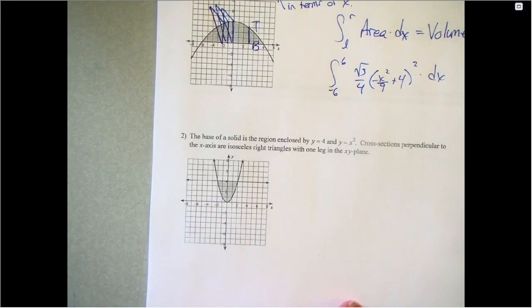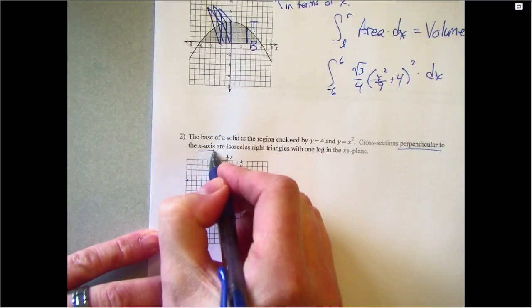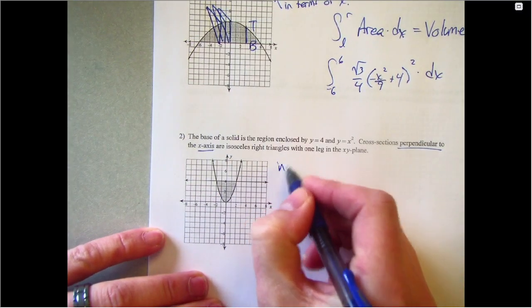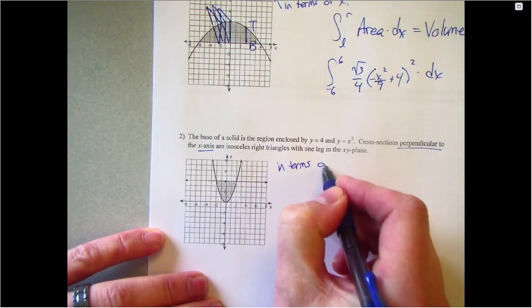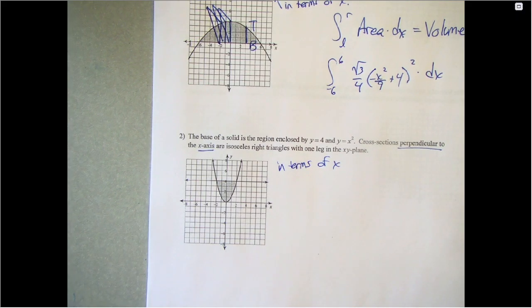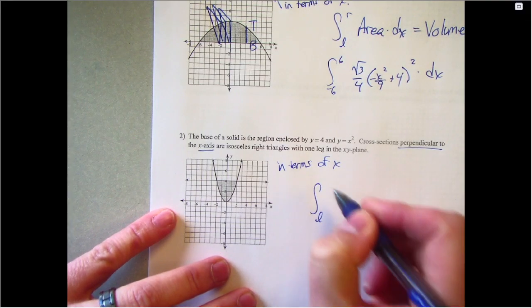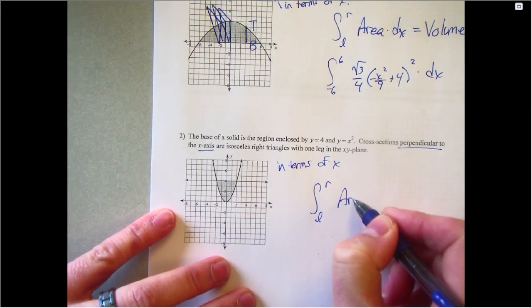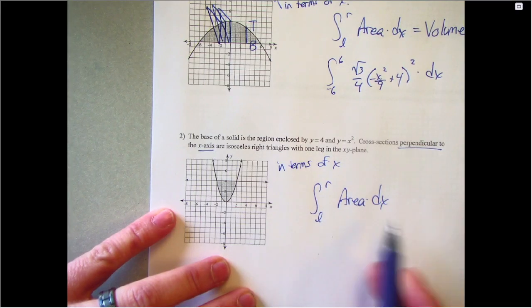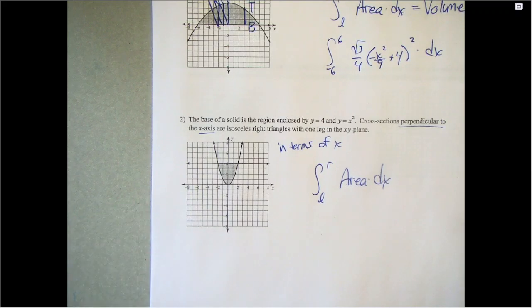All right, second one. So perpendicular to the x-axis, that tells me I'm in terms of x. Obviously, if I write in terms of x every time, I'm just trying to reinforce that, so we'll have dx.